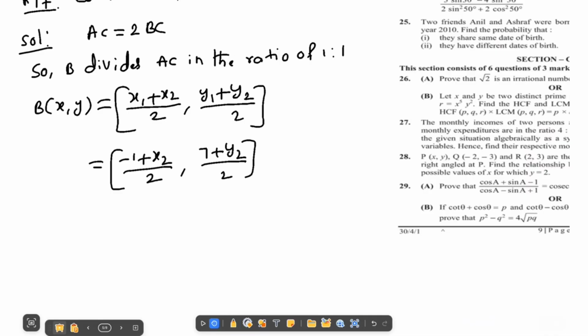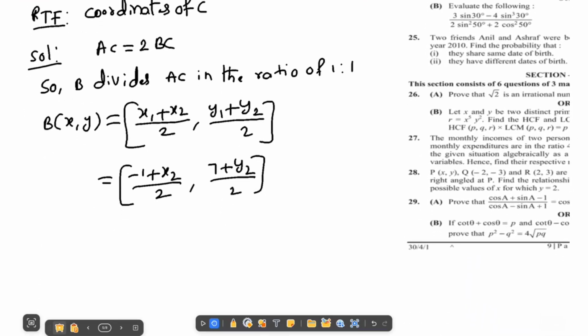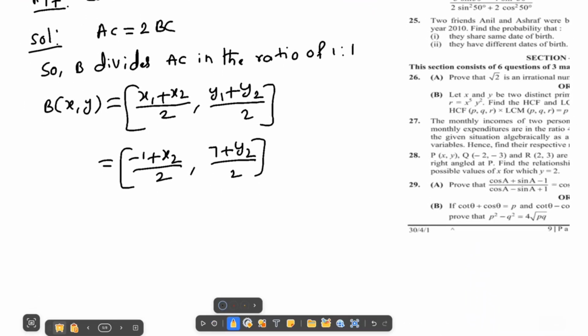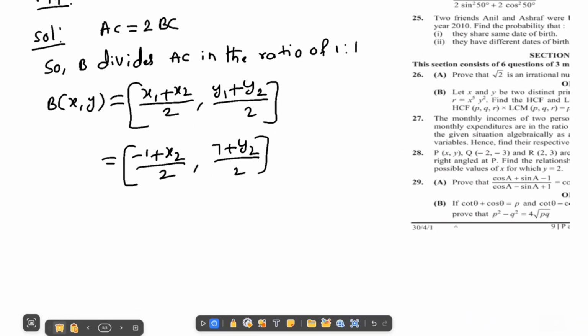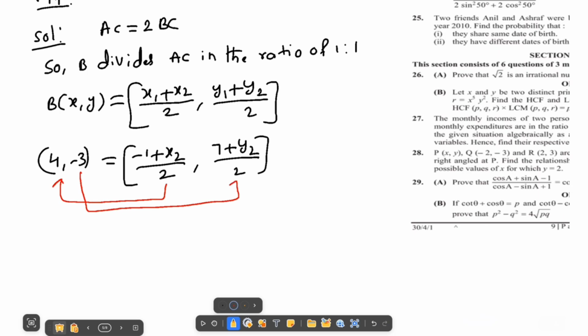What are the B coordinates? 4 comma minus 3. So this one is equal to 4 and this one is equal to minus 3.